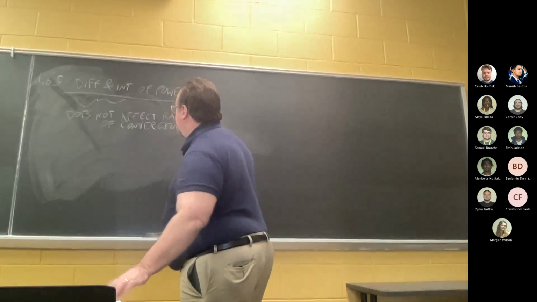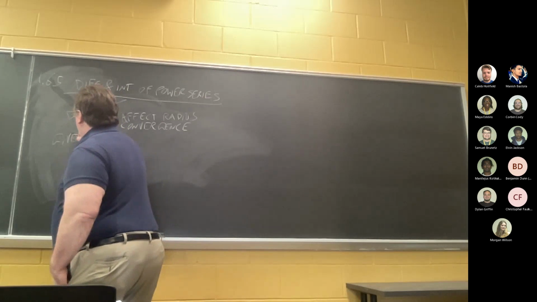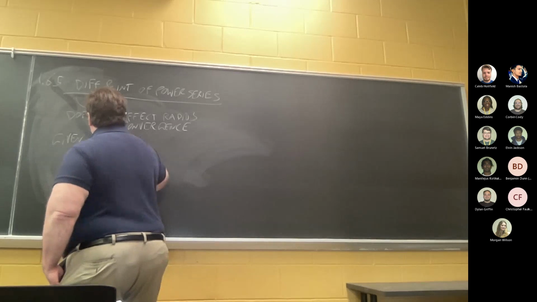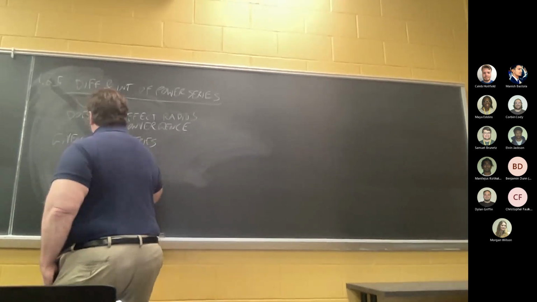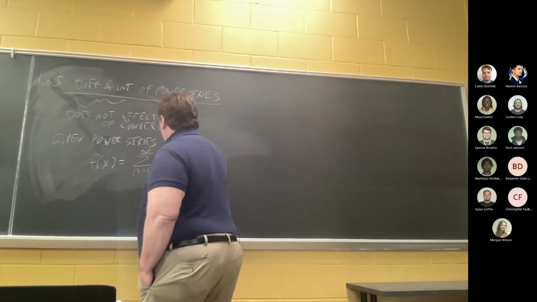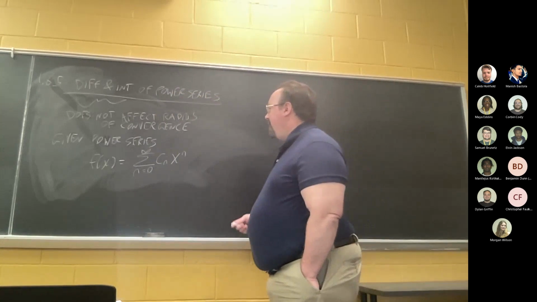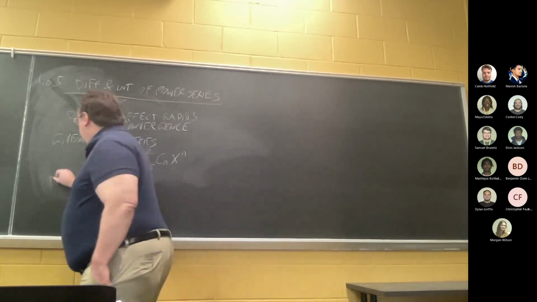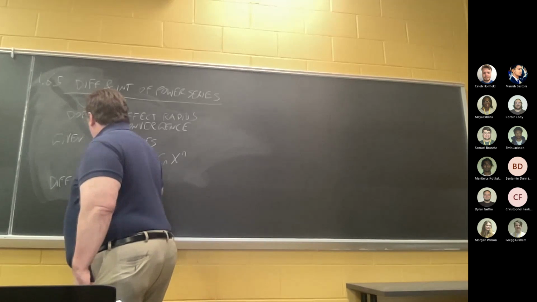Actually, I wasn't planning to do this, but I know I have time. I can explain why. Suppose I'm given a generic power series, function f of x equals the sum of c_n x^n. All right, so it happens to have a center of 0. So I can differentiate both sides of this equation.